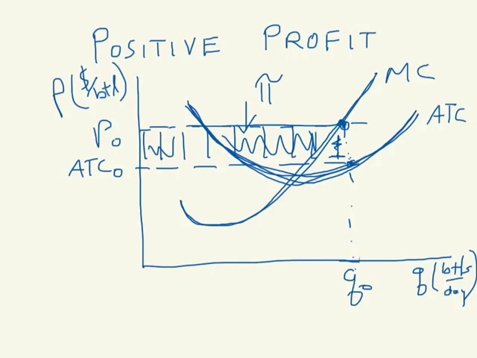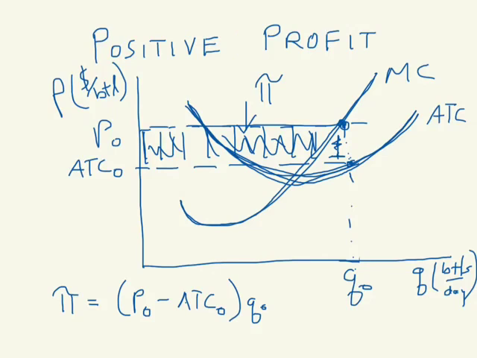And so on every unit they're making a profit, and in total they're making a profit. The expression here, profit, is equal to the difference between P naught and average total cost times quantity Q naught. That's actually equivalent to total revenue minus total cost definition.